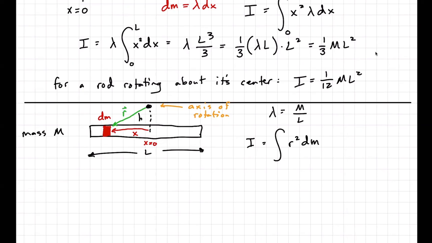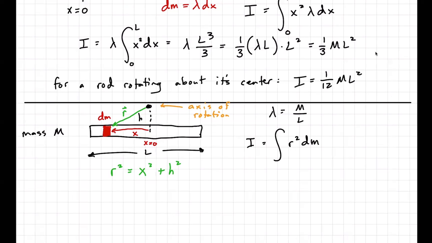That's r. And the magnitude of r squared, well, it's the Pythagorean theorem, x squared plus h squared. So I can make a little triangle where r is the hypotenuse, and the magnitude r squared would be just x squared plus h squared. So the magnitude of r varies over the length of the rod as x changes in this way.